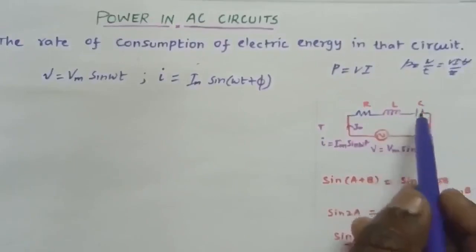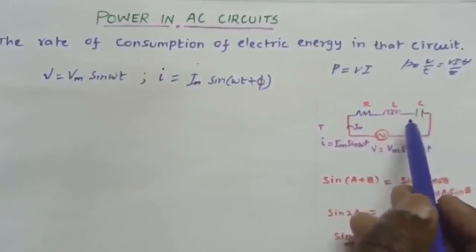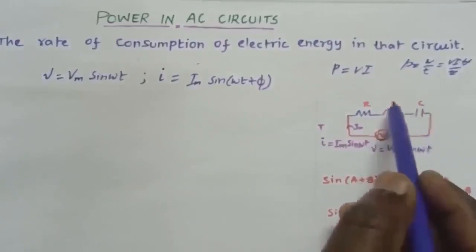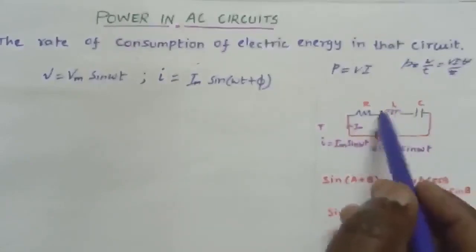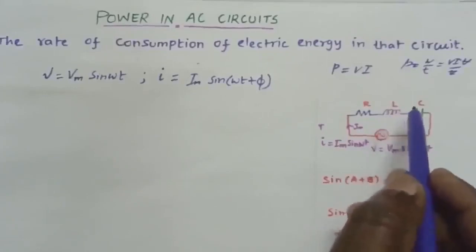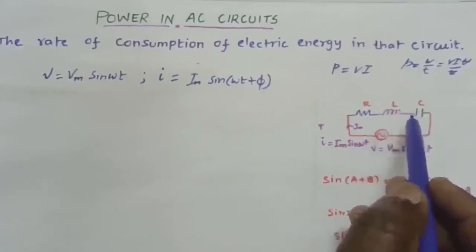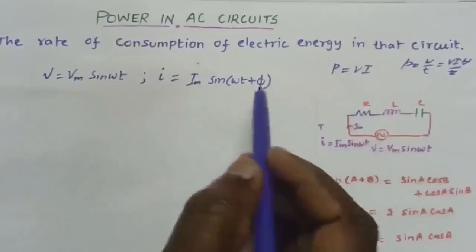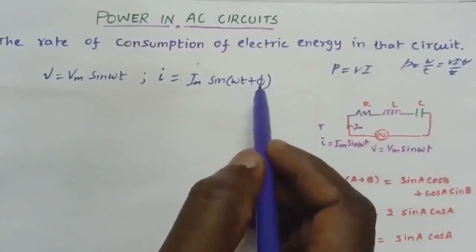So this is an RLC circuit. In the phasor diagram these are perpendicular to each other, so the phase angle is pi by 2. Therefore omega t plus phi.